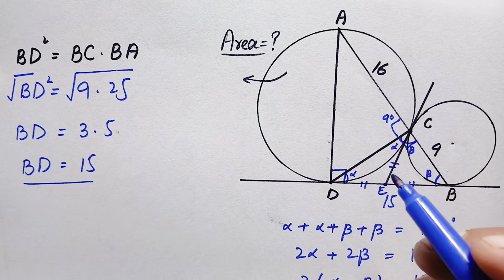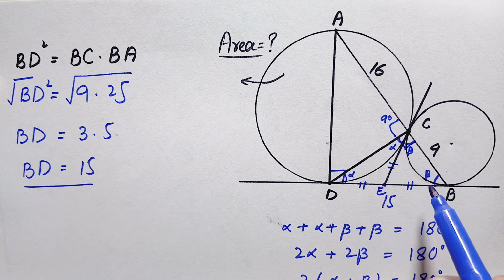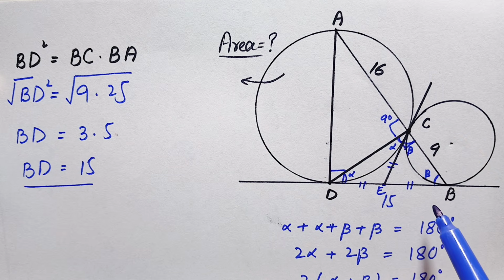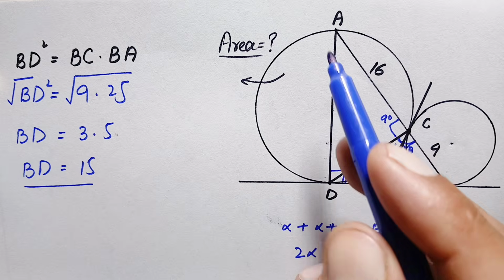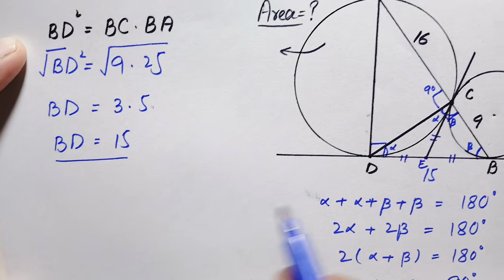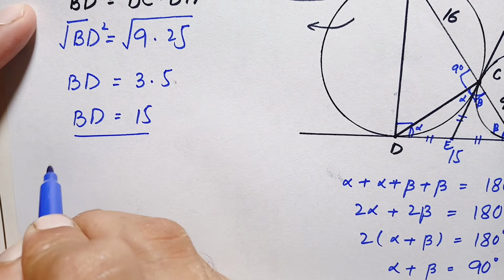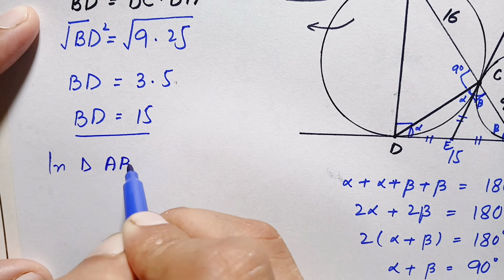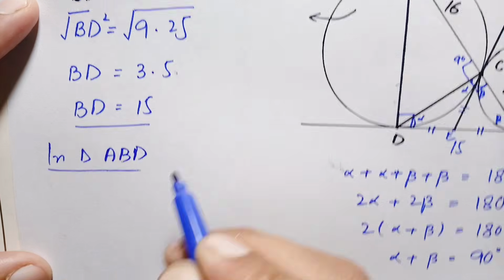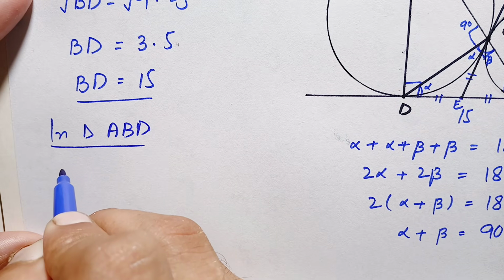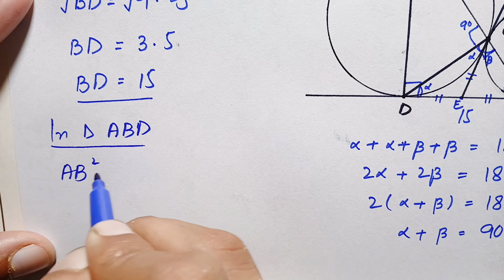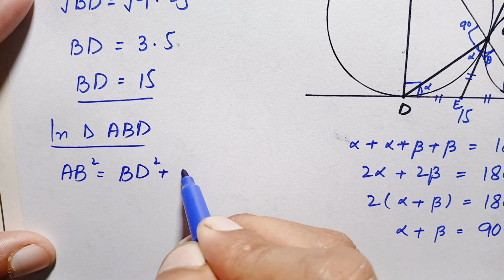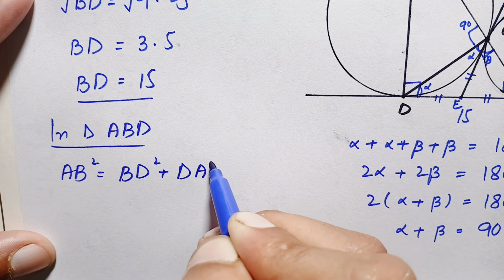So by Pythagoras theorem, we can write hypotenuse square is equal to base square plus perpendicular square. So our hypotenuse is AB, base is BD, and our perpendicular is AD. So in triangle ABD, hypotenuse square is equal to, hypotenuse is AB, so AB square is equal to base square, that is BD square, plus perpendicular square, that is DA square.